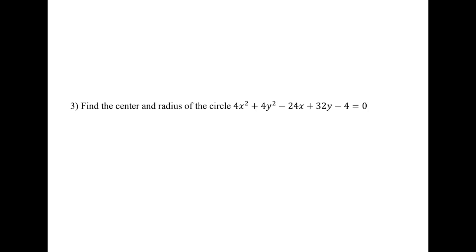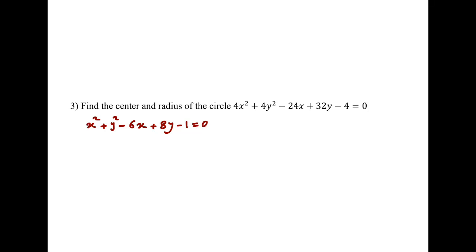we will get, so 4x squared, the first term divided by 4 is x squared. Second term becomes y squared minus 24 divided by 4, 6x plus 8y minus 1 equals 0.